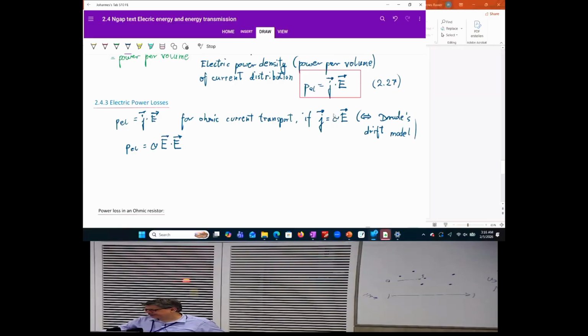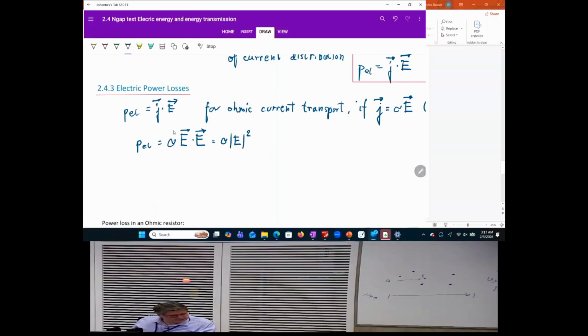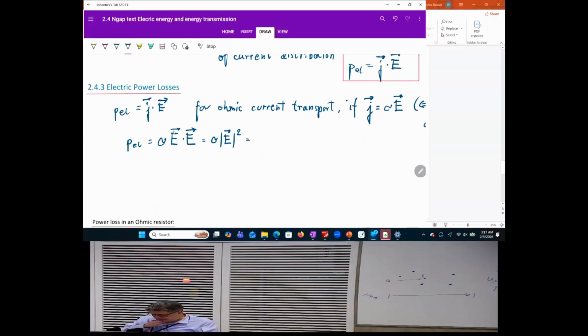You have sigma times E, you insert that here, but now you have this inner product for E that originates from this part and the other E here. So then you can rewrite that by taking the magnitude squared.